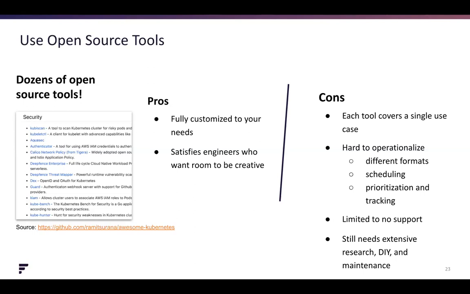But now you have all these different tools that run at different points in the development process. They all have different output formats. So it can be hard to really get all the results from these different tools into one place, in a single format, linked into, say, Slack or Jira or whatever systems you're using to track the fixes.